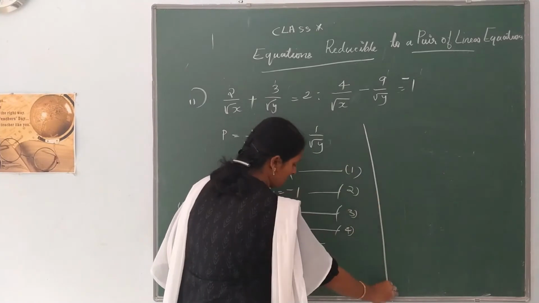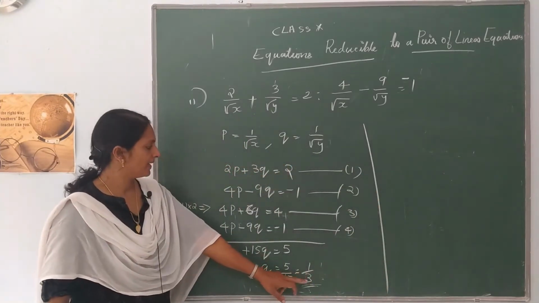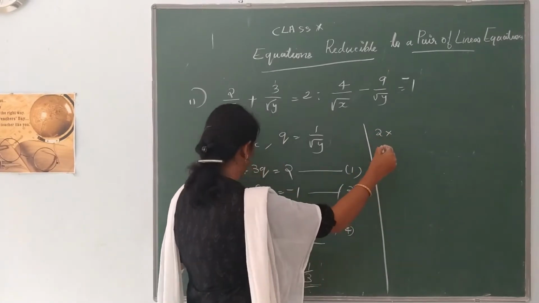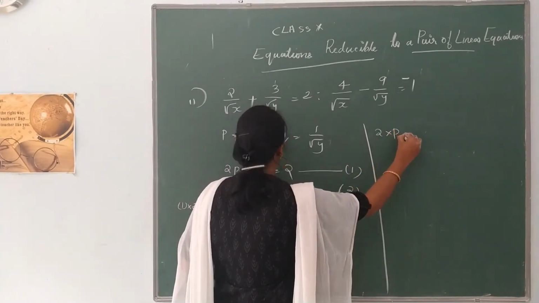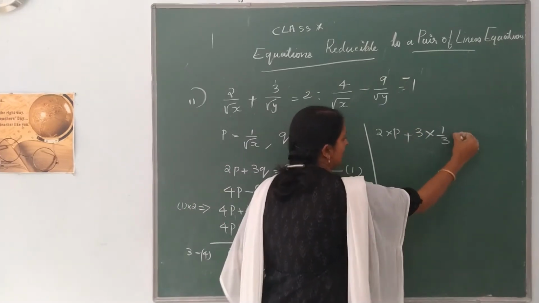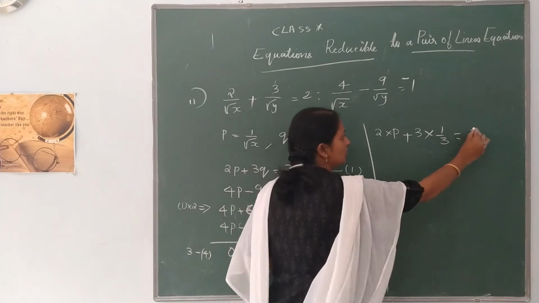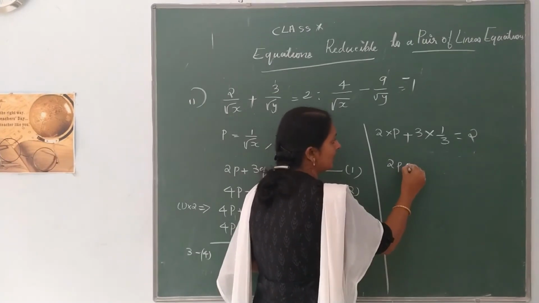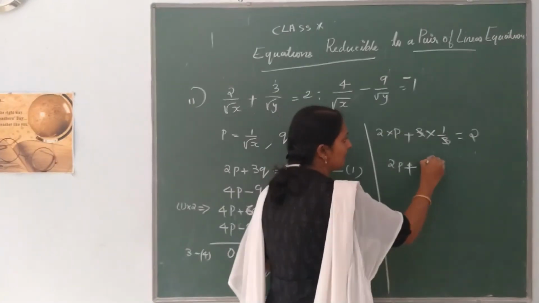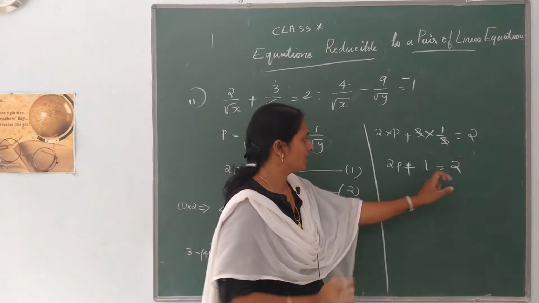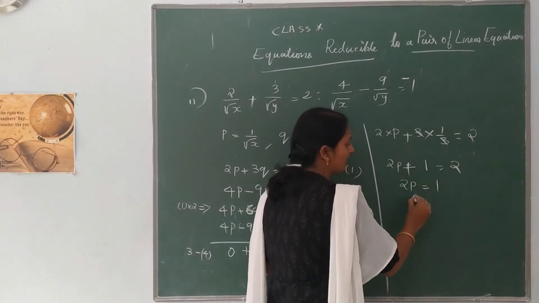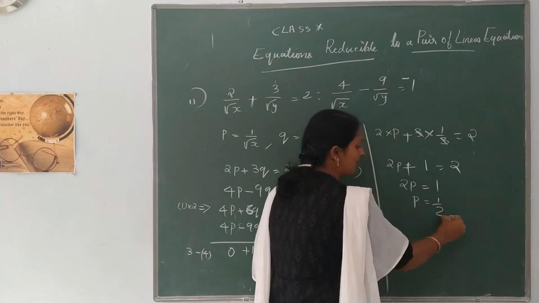Then putting the value of q, 1 by 3, in equation number 1, that is 2 into p plus 3 into 1 by 3 is equal to 2. Cancelling 3 and 3, 2p plus 1 is equal to 2, and 2p is equal to 2 minus 1, that is 1, so p is equal to 1 by 2.